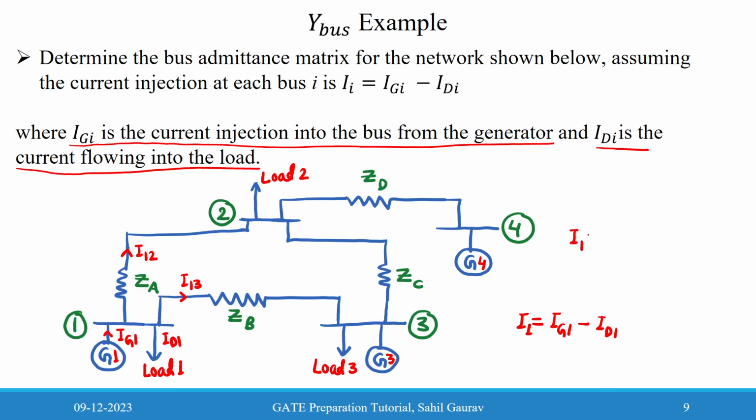So we can write I1 is equal to I12 plus I13.